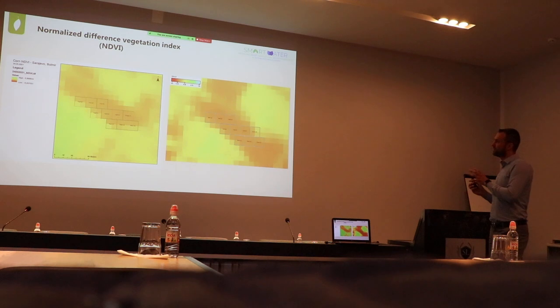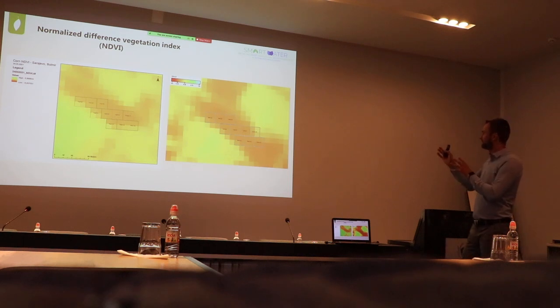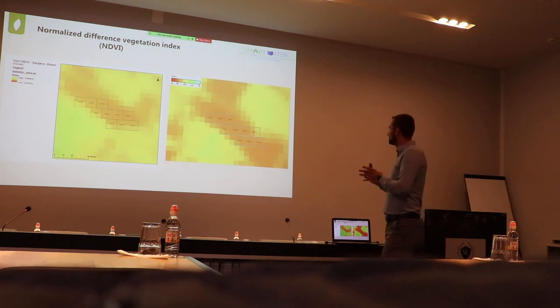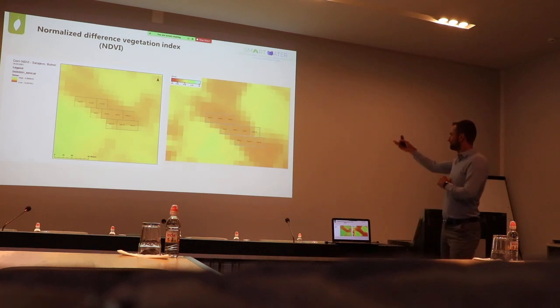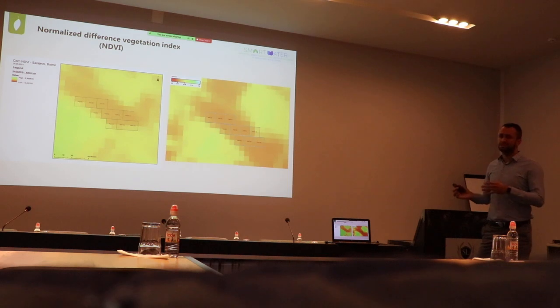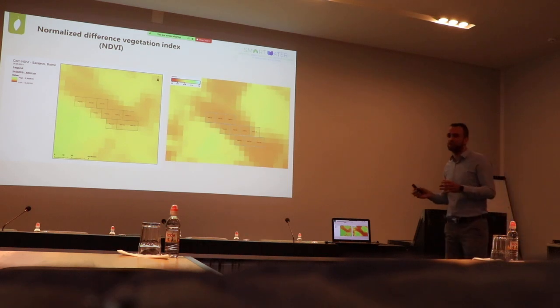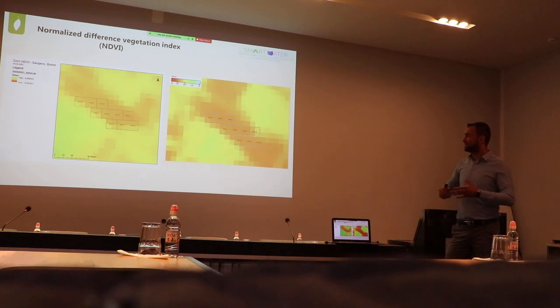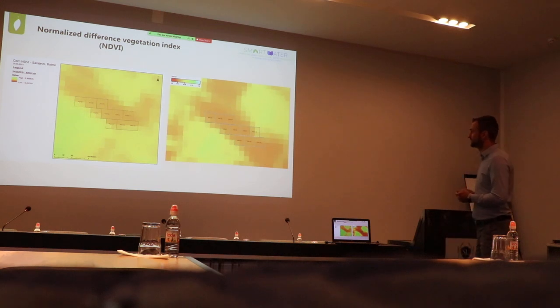The orange or brown color probably means lower values and almost no vegetation. But the greenest pixels mean very healthy vegetation and higher values of the NDVI index.